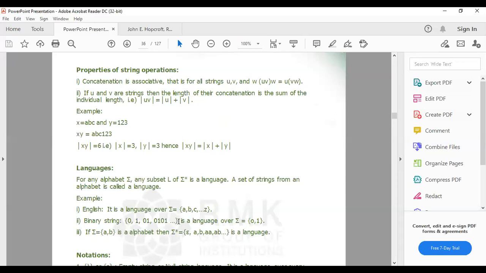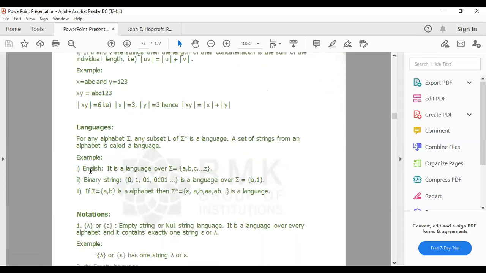Here with examples, please note, binary strings are one of the languages with the alphabet 0 and 1. You can say English is the language over the letters A to Z. This is the meaning of language in automata.